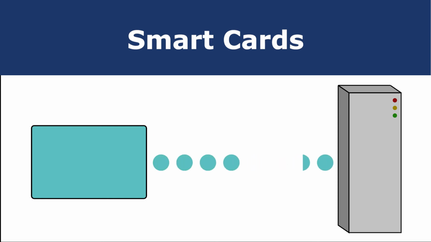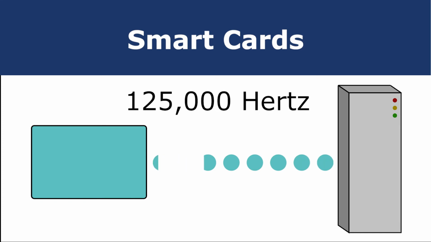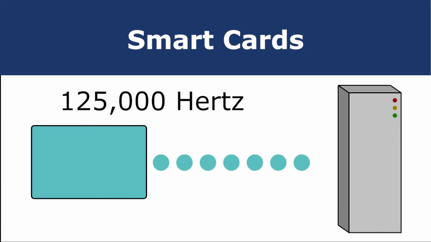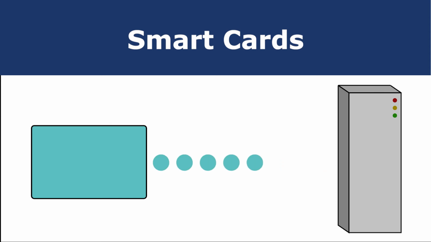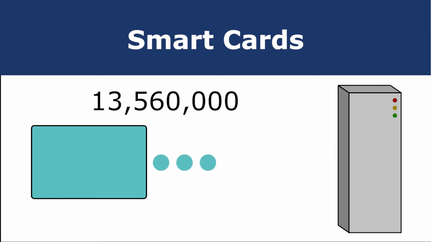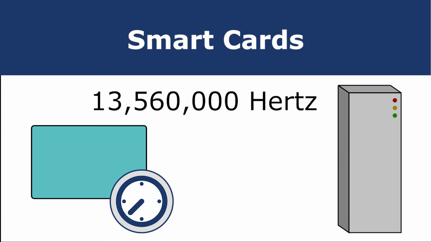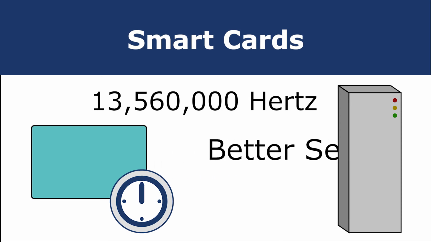Where proximity cards transmit at 125,000 Hz, smart cards do so at more than 10 times the speed, 13,560,000 Hz. This means that in the same time it takes for a proximity card to transmit a short ID code, a smart card can transmit much more information and implement additional security measures to protect the information.